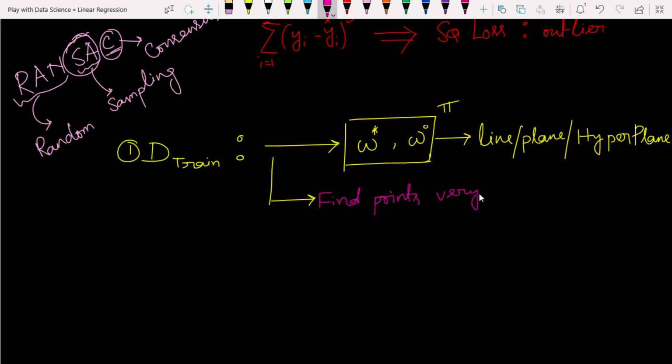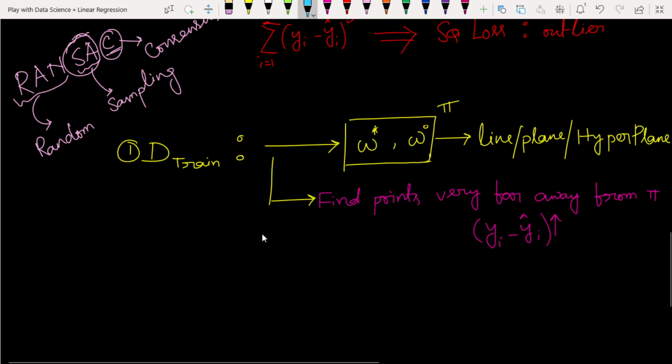So how is it calculated? By simply calculating the distance, yi minus yi hat. If this distance is large, it means these points are far away from the plane.